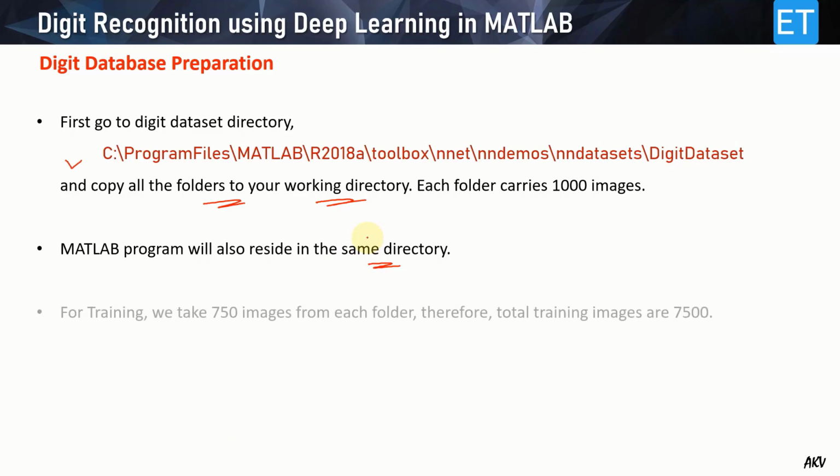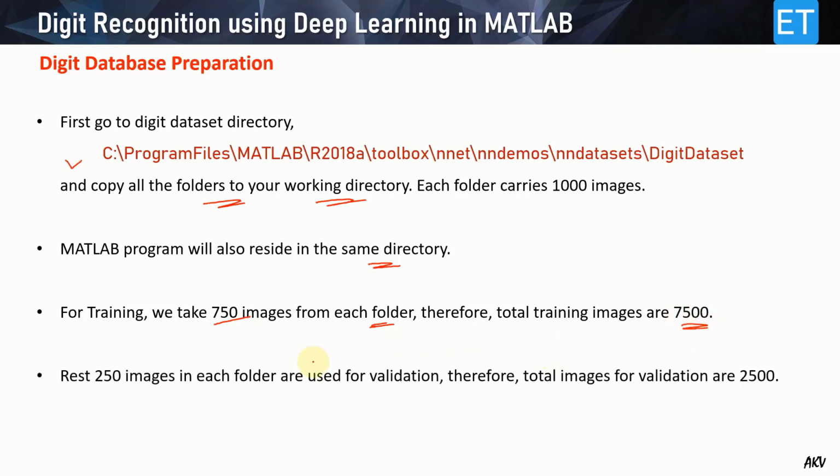For the training, I will take 750 images from each folder. Since there are 10 folders, there will be 7,500 images for training, and the remaining 250 images from each folder I will take for validation.